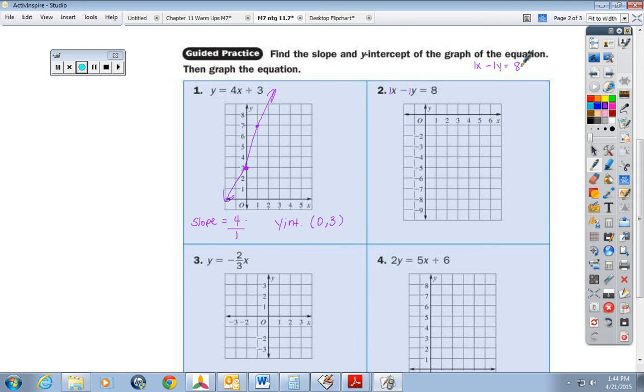Subtract one x from each side so that I can get y by itself. Again, I can't subtract these two because they're not like terms. This cancels, and I bring down negative 1y equals 8 minus 1x. Am I done? No, what do I have to do? Divide by negative 1.